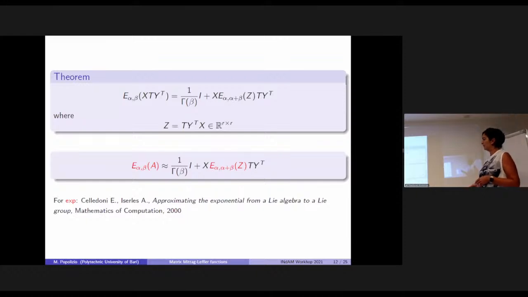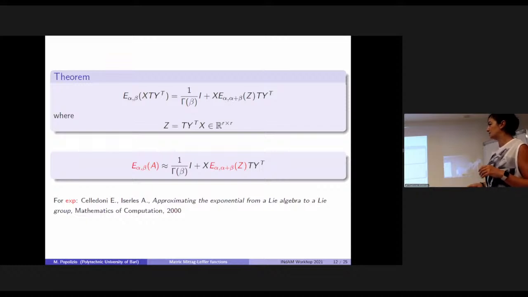Okay, so our initial goal was to compute the Mittag-Leffler function of our matrix argument A, and by means of this theorem we express the Mittag-Leffler function of the term X T Y transpose as the sum of the identity matrix scaled by this factor plus X times the Mittag-Leffler function of the matrix Z, defined here as T Y transpose X, times T Y transpose.